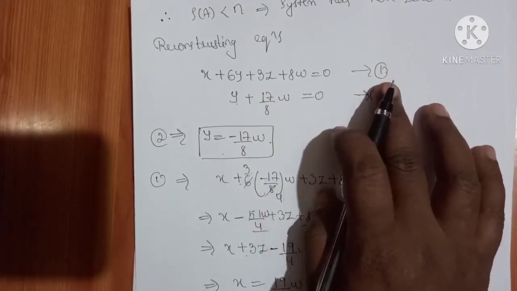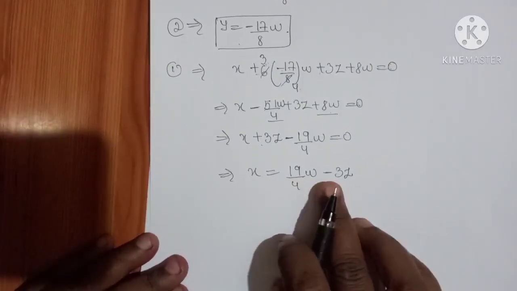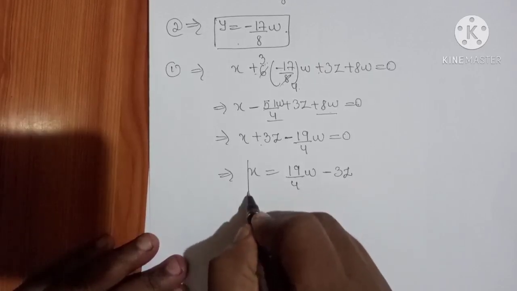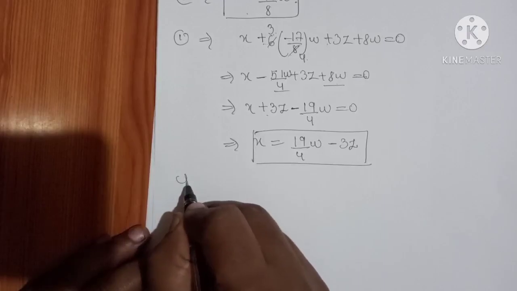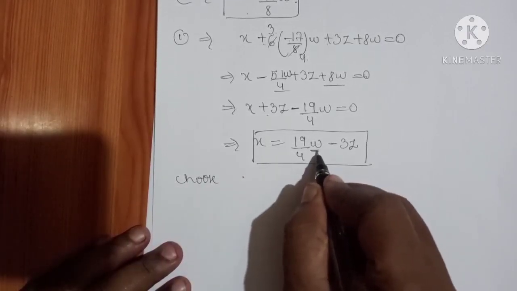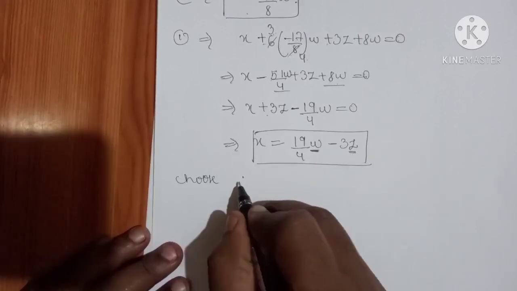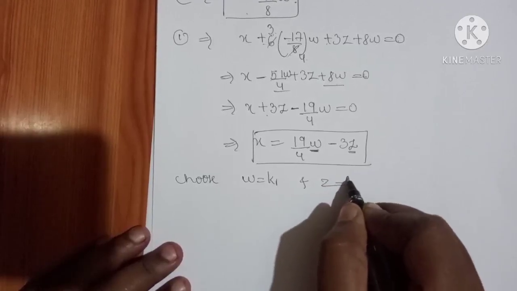So we got only two equations. By these two equations we have expressed y in terms of omega, but x in terms of omega and z. Therefore here we choose two variables, one for omega and one for z. Omega equals k1 and z equals k2.